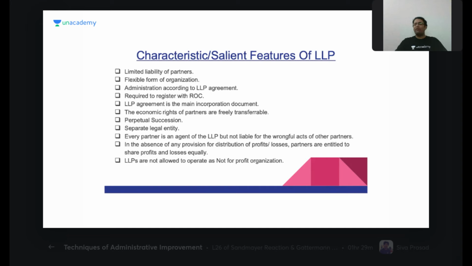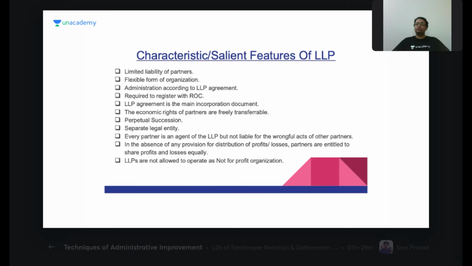Now, what is the objective of calling yourself a not-for-profit organization? What is the benefit that an entity gets by calling itself a not-for-profit organization? Can anyone tell me? Anyone? Okay, yes, Shiv. What do you mean by not-for-profit organization, and why would an entity want to call itself one?